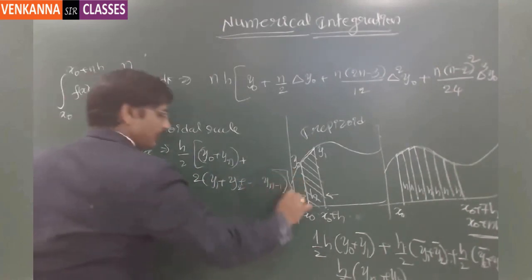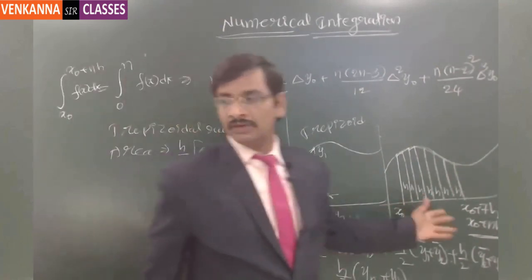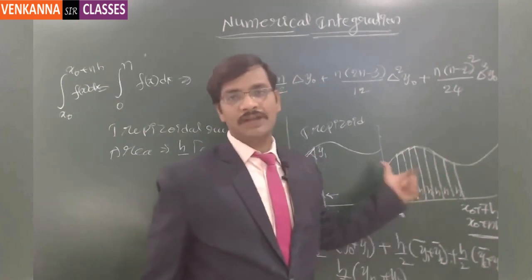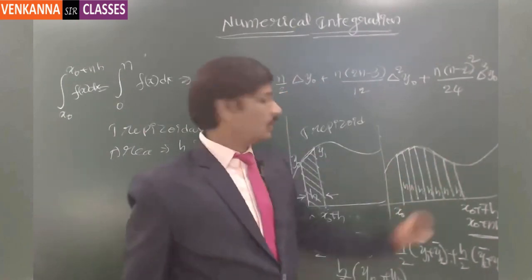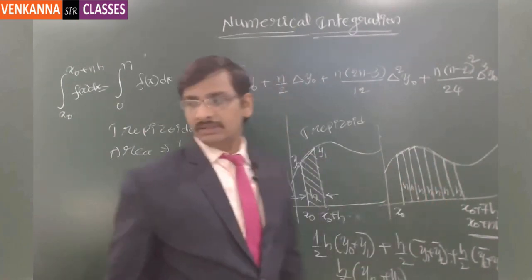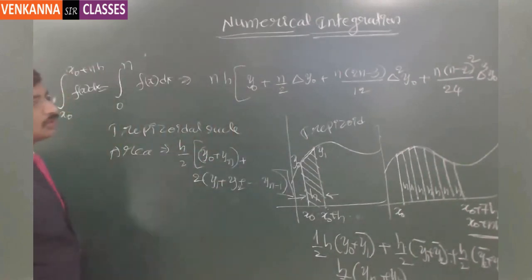So this is the area of the entire region if it is divided into n different parts of equal width. Got it? So this is the trapezoidal rule.